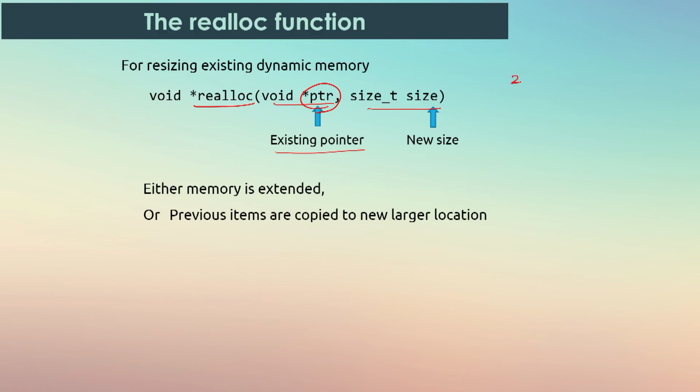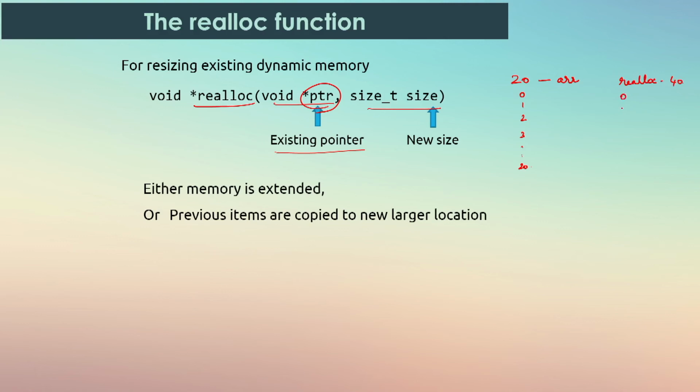This is an interesting function: whatever values we have already assigned in the array prior to the extension of the memory are automatically copied to the new larger locations. For example, if I have 20 elements in the array, stored from index 0 to 20, and now I want to increase the size of the array to 40 on reallocation, what happens?